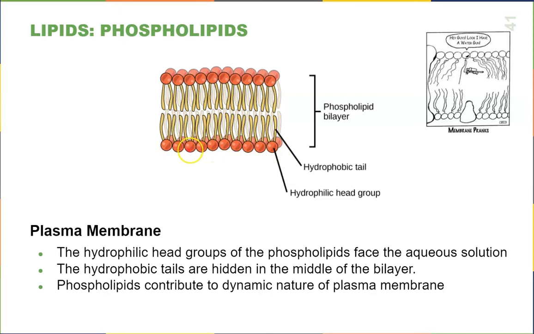So the head region can face towards the liquidy water portion of the cell, and then the outside portion of the cell, which may contain water, which is great. And then the inside portion where the fatty acid tails are, they still hate water, so they're going to be protected in that sandwich layer.